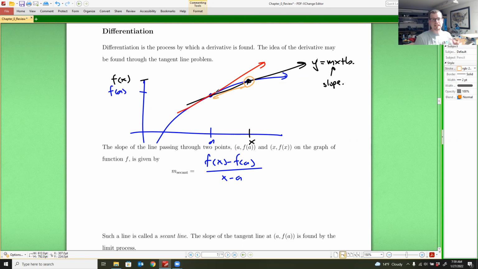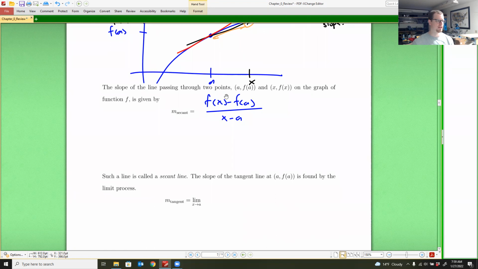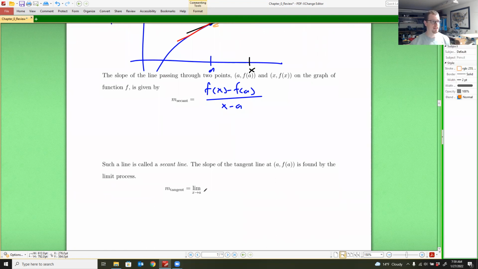And when we take the limit, the value of the limit is going to be the slope of the tangent line. So we take the limit as x approaches a of f of x minus f of a divided by x minus a. And that is exactly the slope of the tangent line.